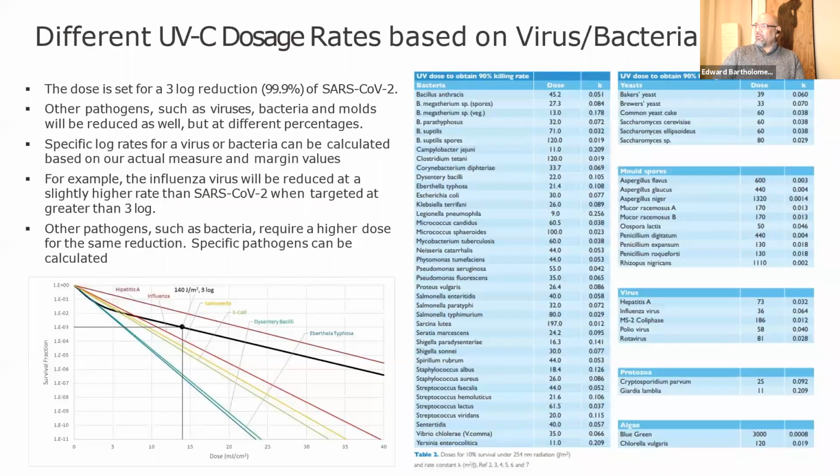Different UVC dosage rates are actually based upon the virus and bacteria. UVC can kill at a certain rate depending on the type of pathogen it's killing. And here's a chart showing how effective UVC is in killing many of the pathogens that exist.